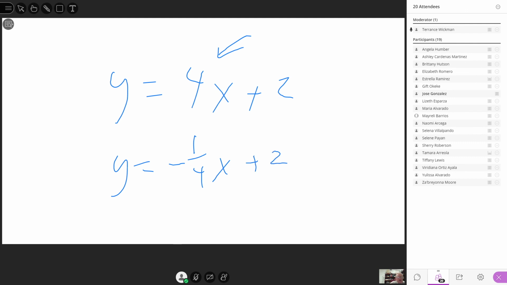Now, you just saw what I wrote here. Y equals 4x plus 2. I said a perpendicular would be y equals a negative 4x plus 2. Let's just graph it, see if that's right.